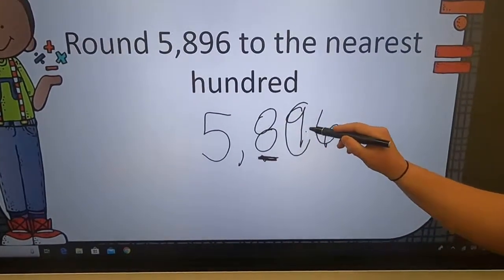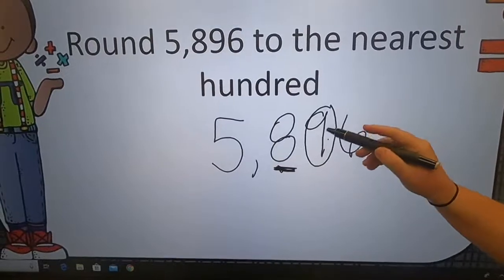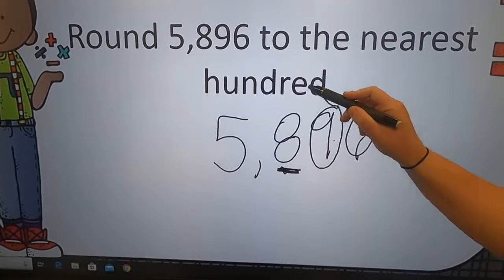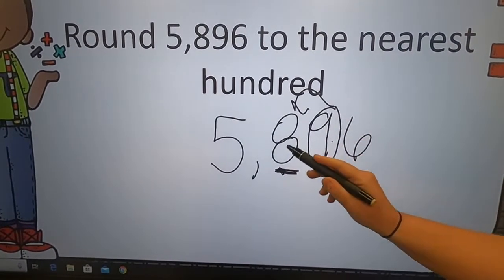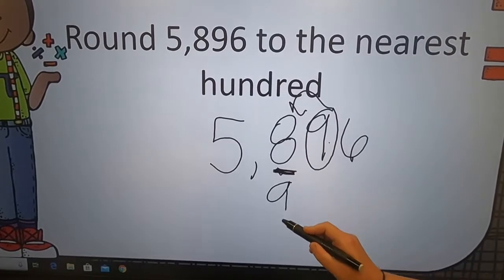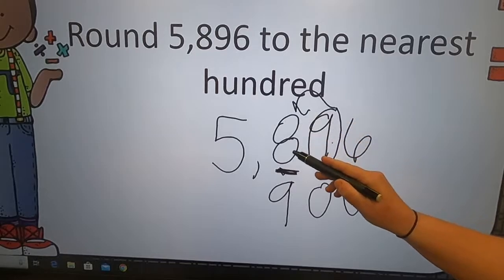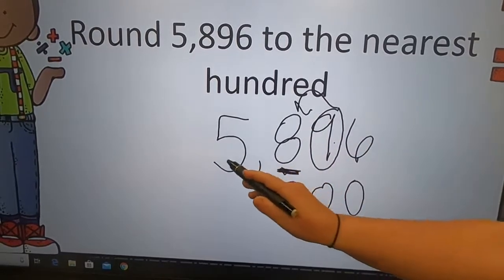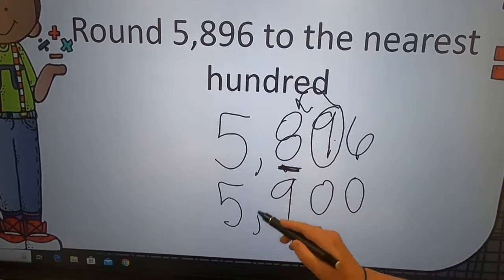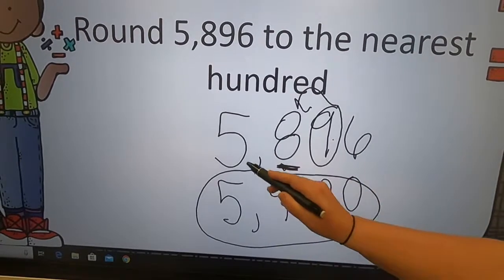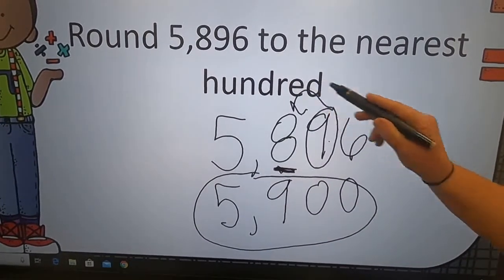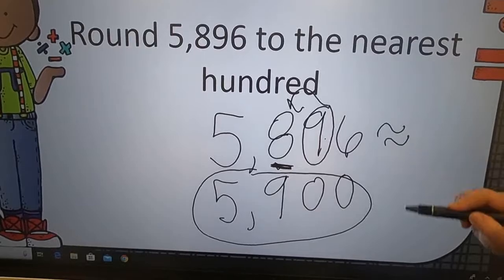So I will look back here and I have a 9. Well, I know that 896 is going to be very close to 900. This 9 will tell this 8 to go up, and my 5,000 would stay the same.